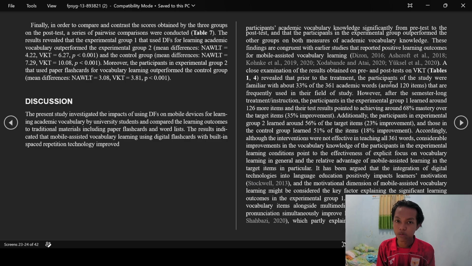In addition, mobile-assisted learning increased students' engagement and made the learning process more flexible and effective.